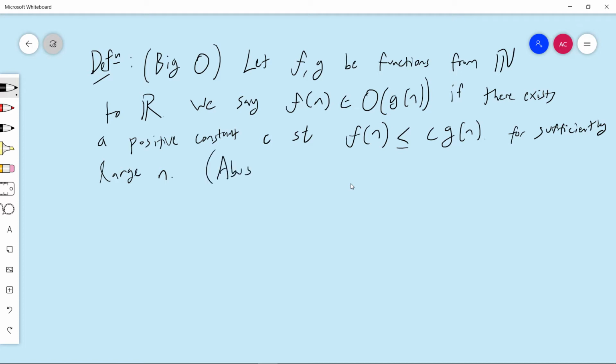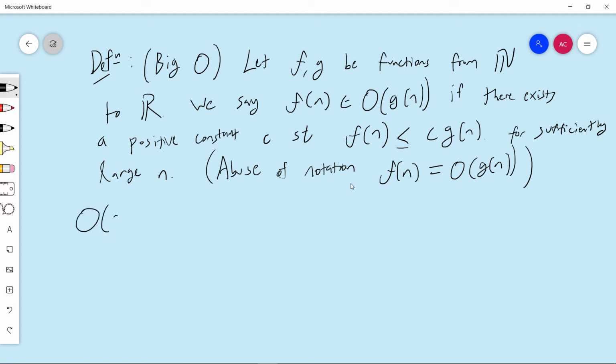People tend to abuse the notation and write that f of n is equal to O of g of n. This technically makes no sense, but I'll write it anyway. But really, you should know that O of g of n is an equivalence class.